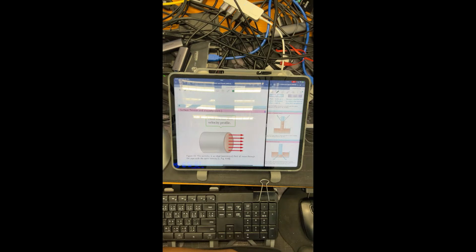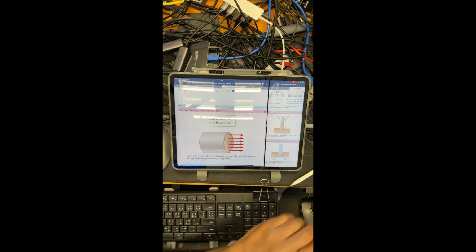So it has a good velocity. All layers have the same amount of velocity, so we have the flat profile. The same amount of velocity at different points in this cross-sectional area of the pipe. But I would say this doesn't happen in nature. It's the ideal case. But anyway, the theory would say something about the ideal first, and we are going to get into the detail of something more complicated.